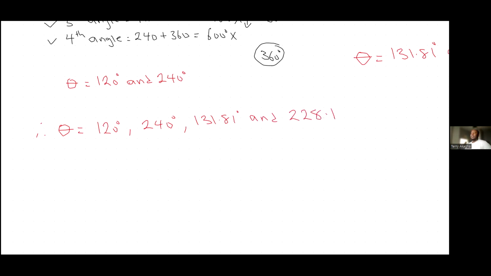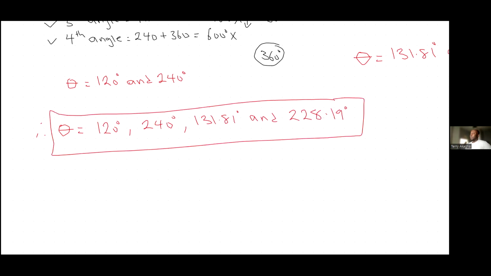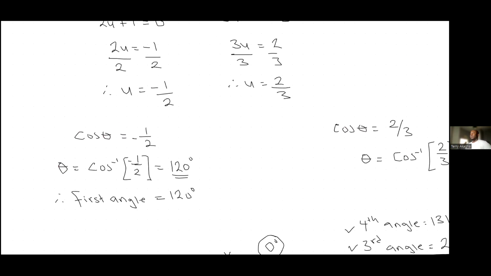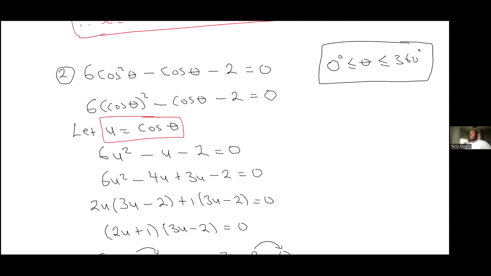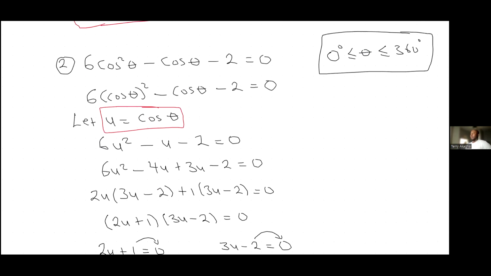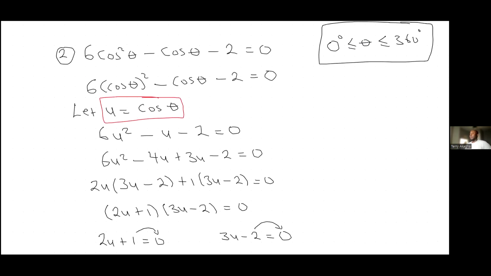And that will be the answer for that. You see, straight to the point and easy. So basically, that's how you solve this question. You have 6 cos squared theta minus cos theta minus 2 is equal to 0, and you solve it that way.